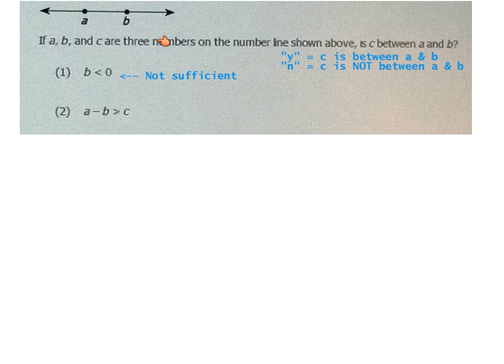We don't know, right? So statement 1 is not sufficient because there are no restrictions on C. So you can definitely put it either between A and B or not.